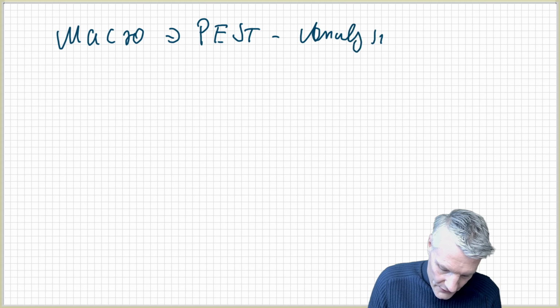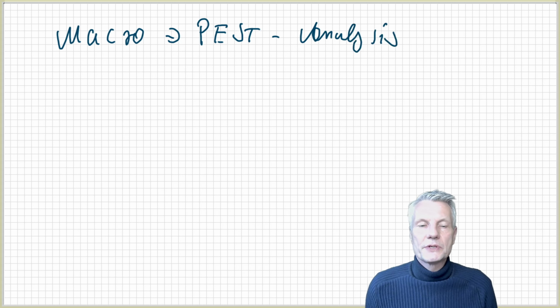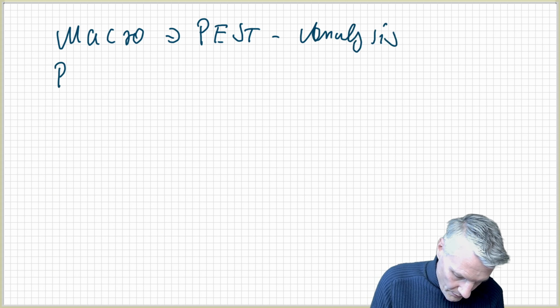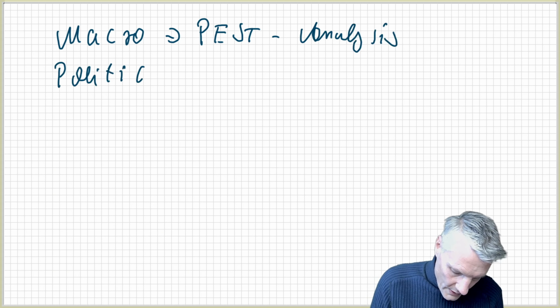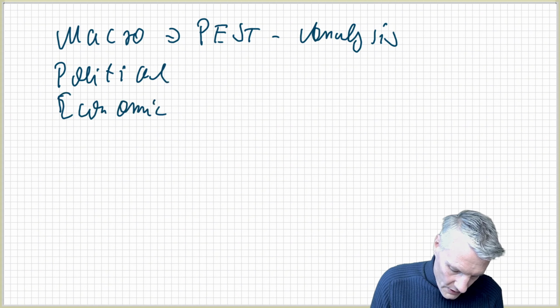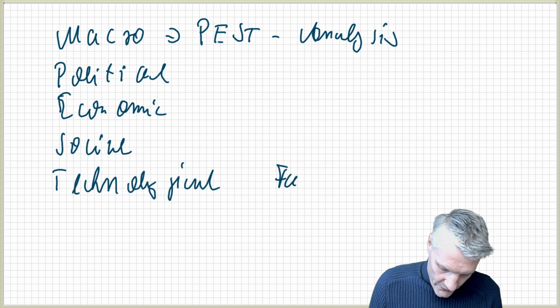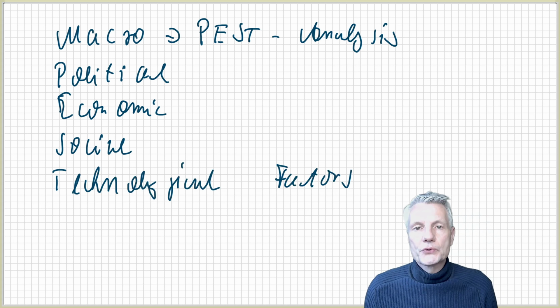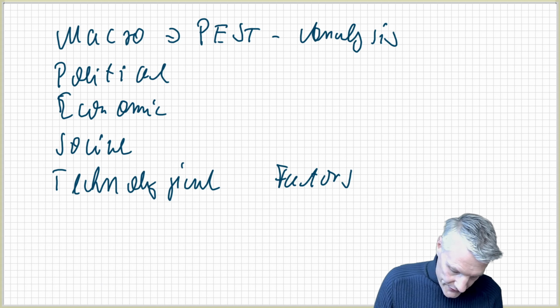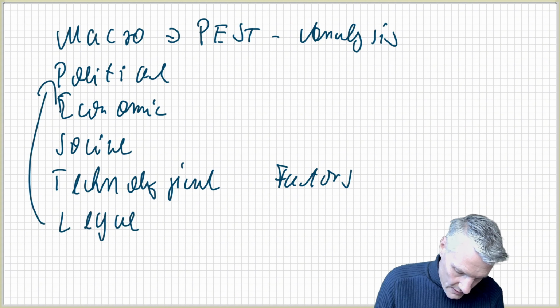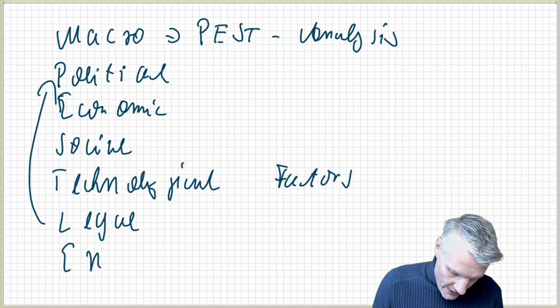The PEST analysis is an acronym, and it stands for political, economic, social, and technological factors. Sometimes we also read PESTLE, whereas the L represents legal, and the E, the environment.